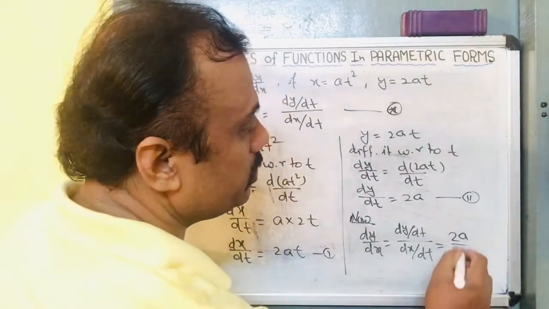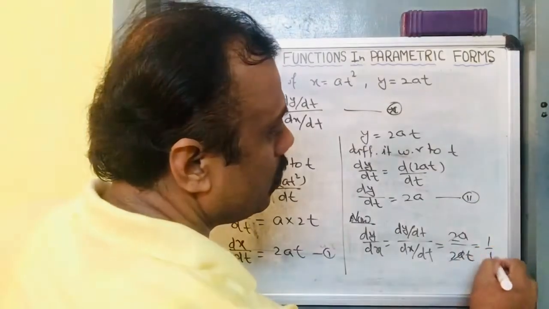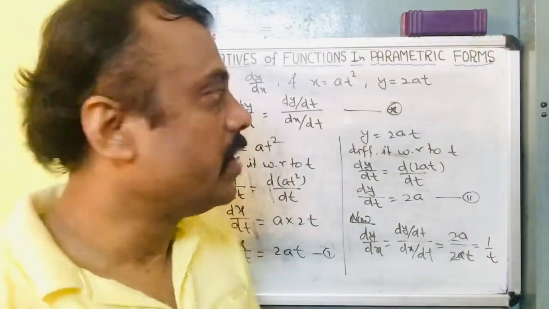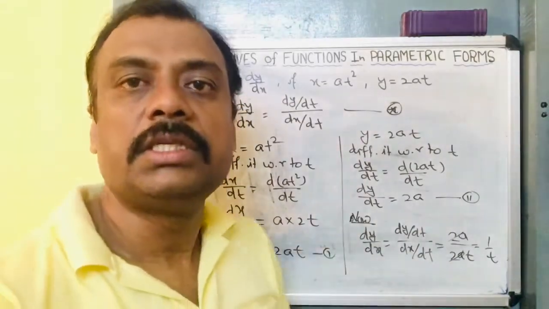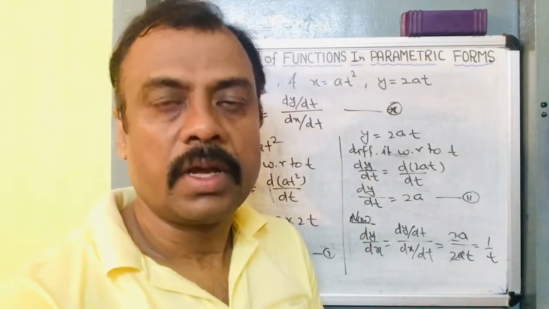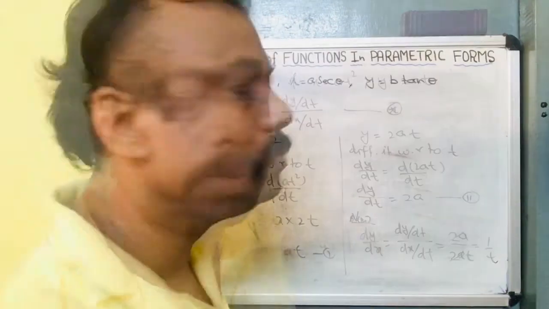So 2a and 2a cancel, and this will be 1 upon t. This is the way we will find dy/dx when the function is given in parametric form. Let us consider another example.